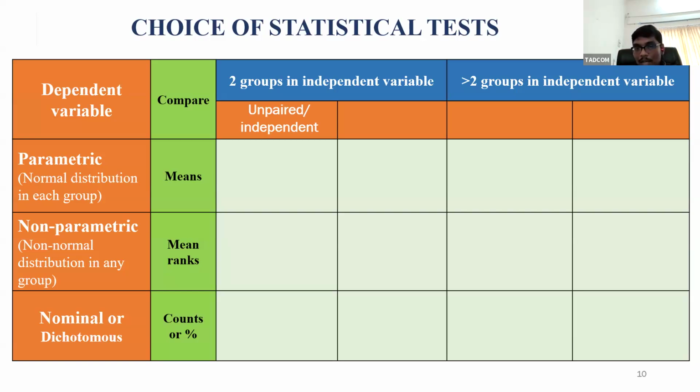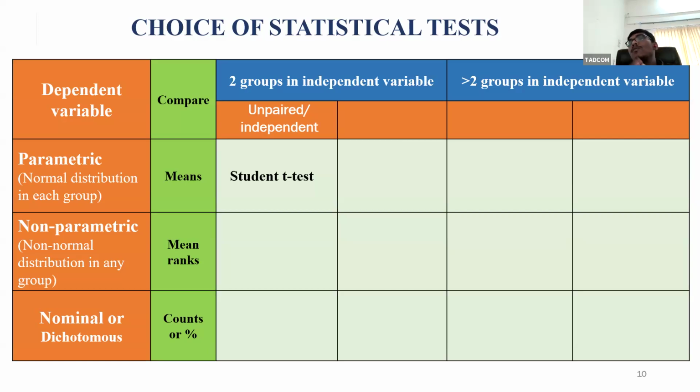Any guesses? We tend to use something called the student t-test. So the t-test is used if our dependent variable is continuous and of normal distribution, we have only two groups, and it is unpaired. Quite commonly used is this student t-test.